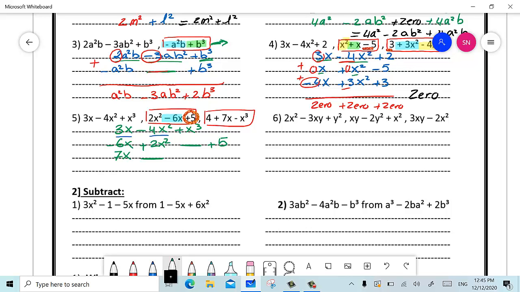And now let's go for x to the power of 3. I have a term called negative x to the power of 3, so I'm going to write negative x to the power of 3, and I have an absolute term of 4, and it's positive 4, so plus 4. Now it's easy to add the 3 expressions together, since I already arranged the like terms under each other.